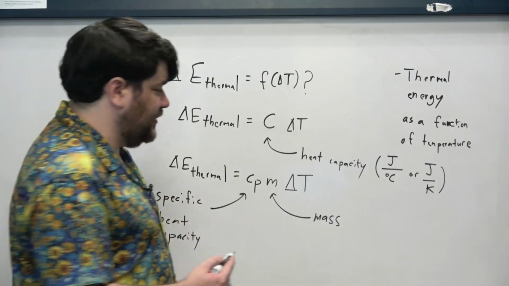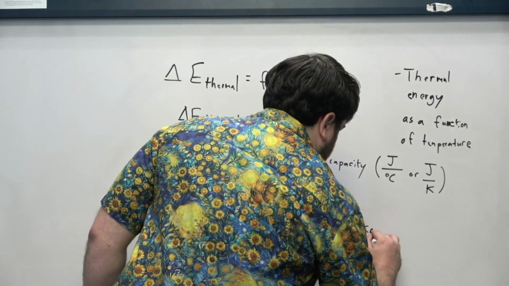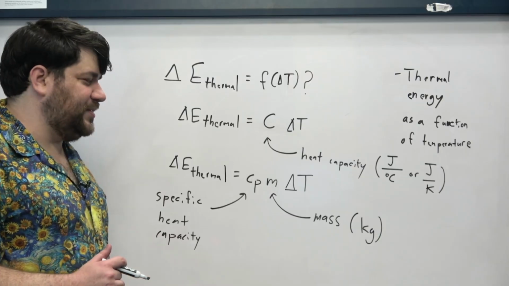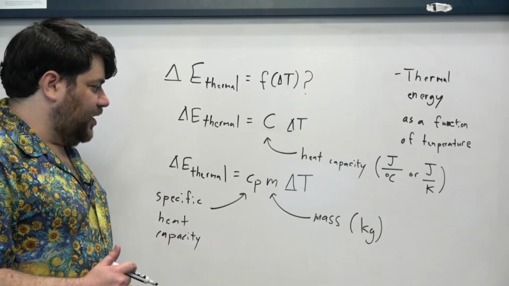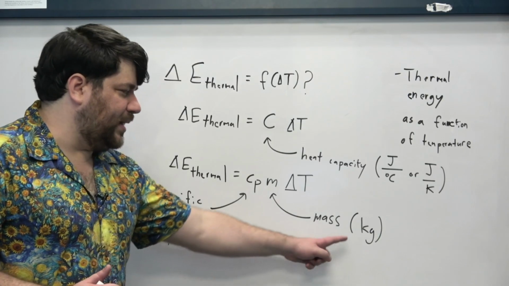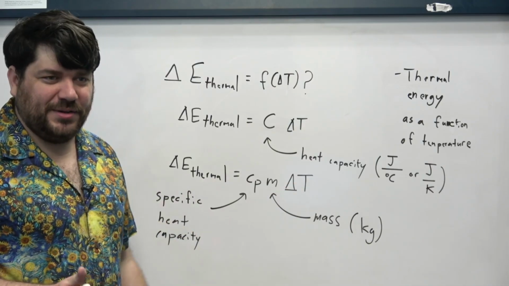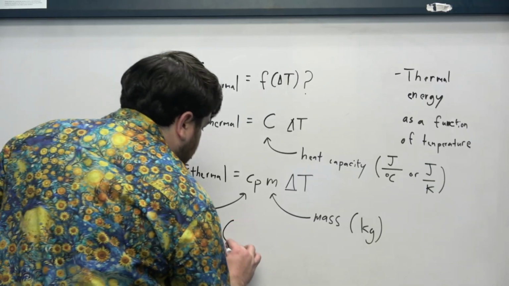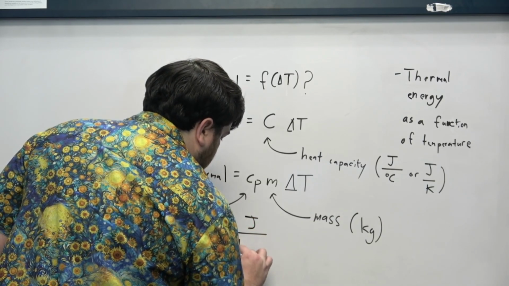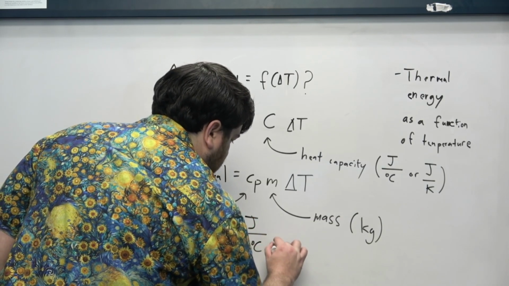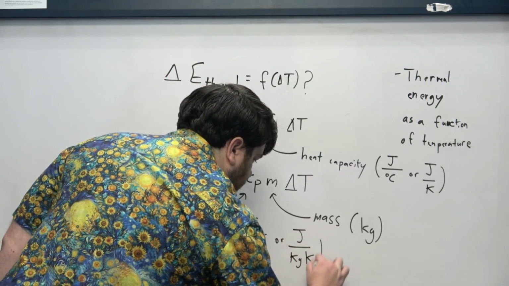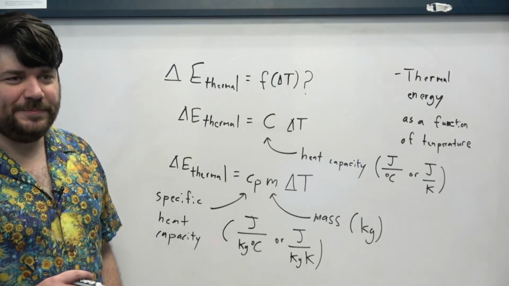So the units of mass in the international system are just kilograms. And so by extension, the units of the specific heat capacity are such that when we multiply those by kilogram, we get joule per degree Celsius or joule per Kelvin. And so the specific heat capacity has units of joules per kilogram degree Celsius or joule per kilogram Kelvin.